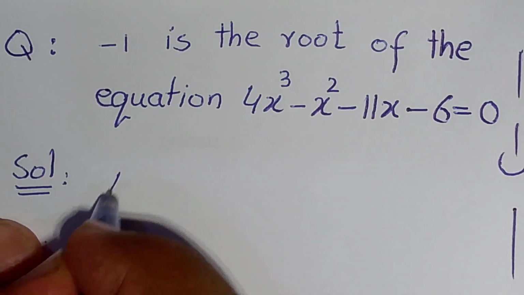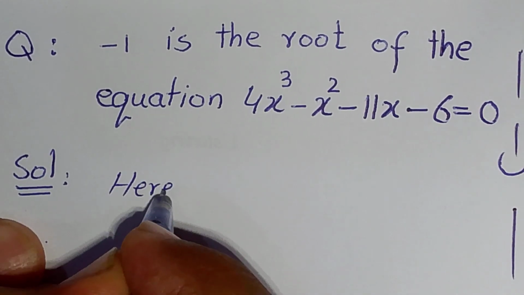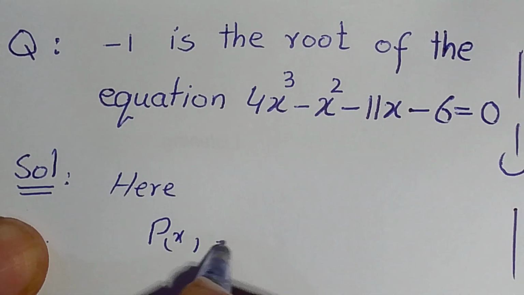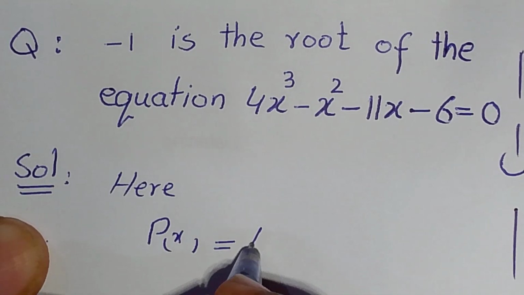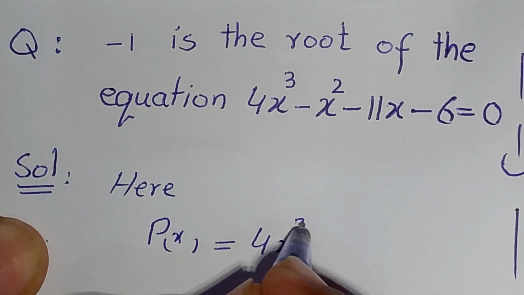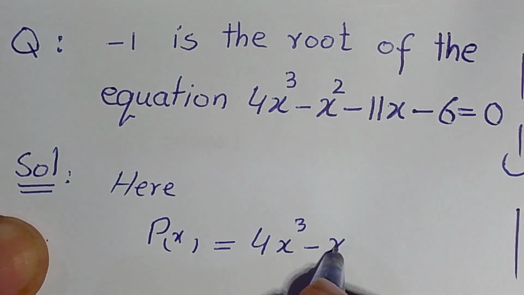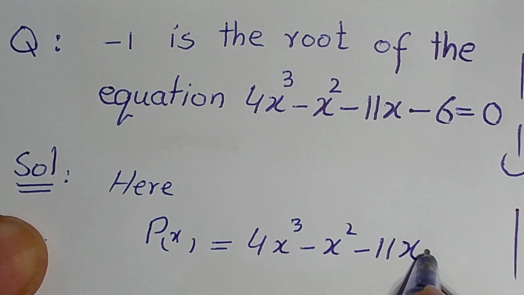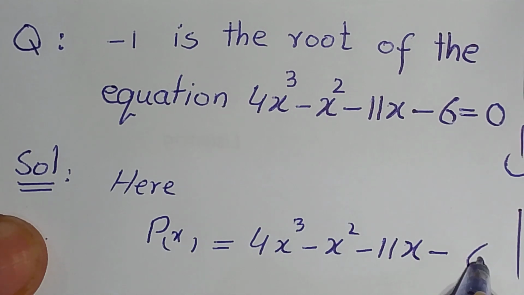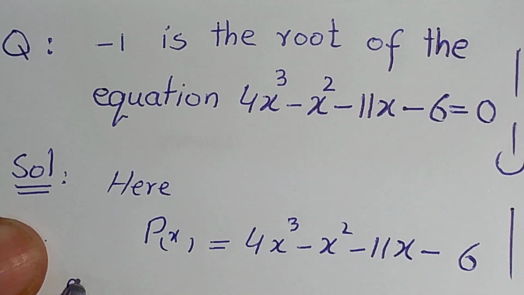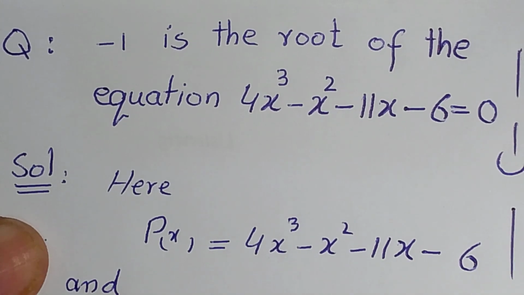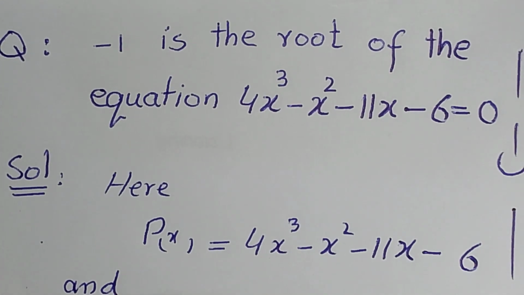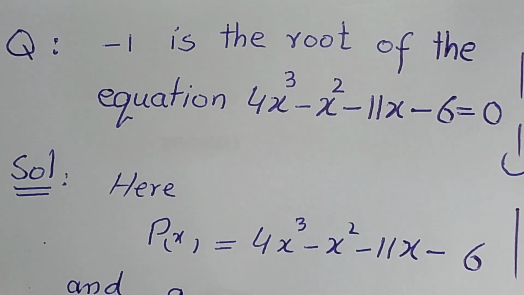Here we can write that p of x is equal to 4x cubed minus x squared minus 11x minus 6, and we will divide this whole by a is equal to -1.